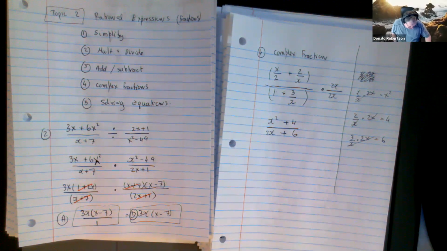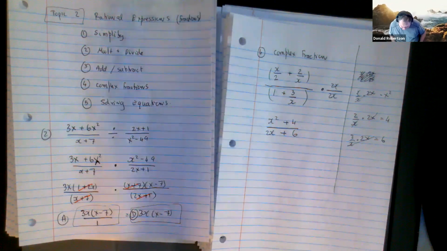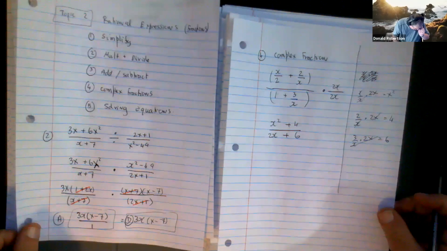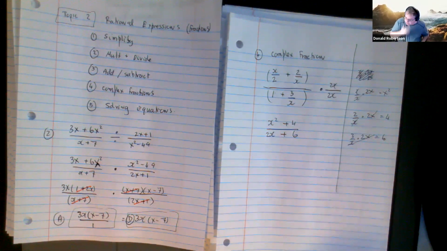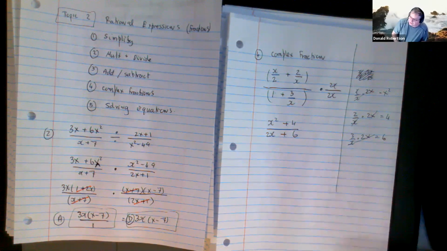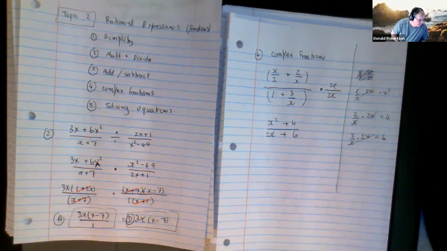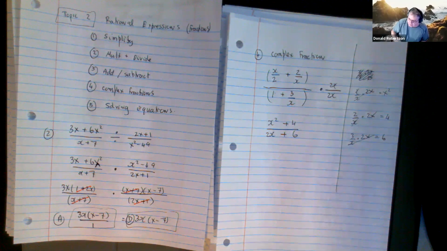So solving equations, complex fractions, add and subtract, whatever it could be, right? Since there's only 20 questions, 10 multiple choice, 10 section 2, it is quite possible that every kind of question that could have, only, I don't know, half of them will ever appear.